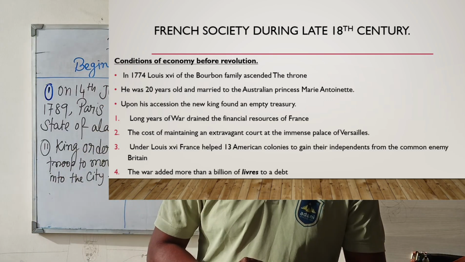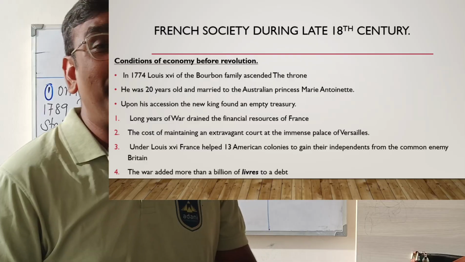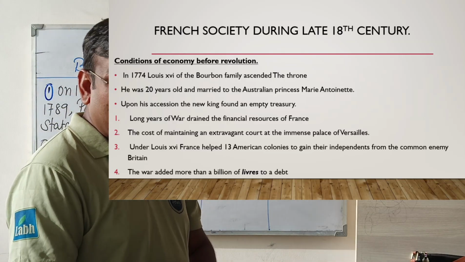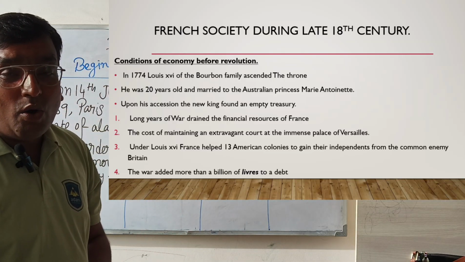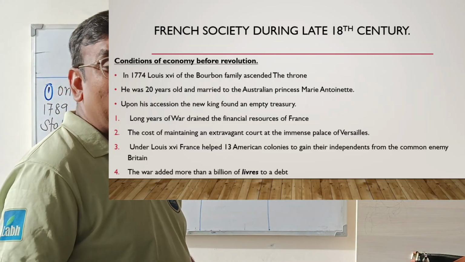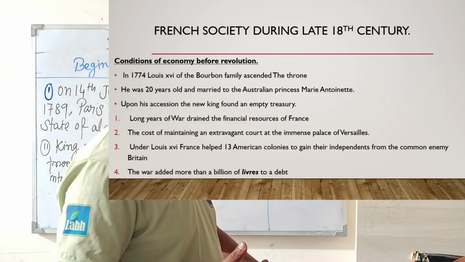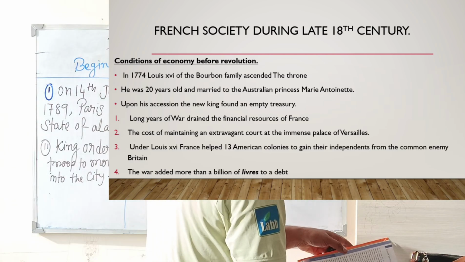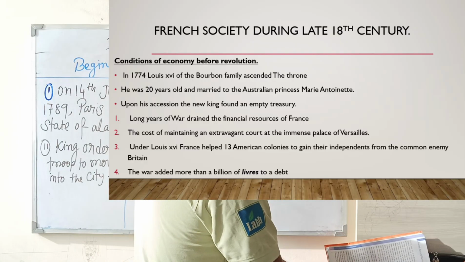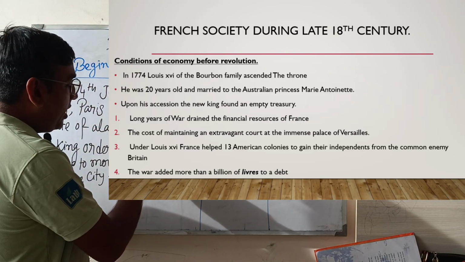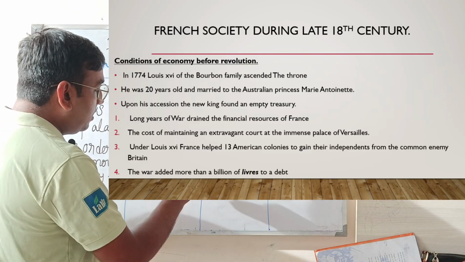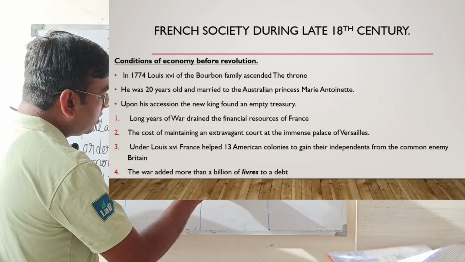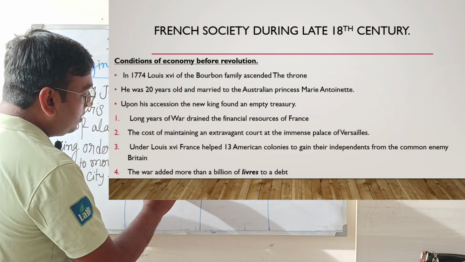Why was there an empty treasury? There are several reasons for the empty treasury. Number one, long years of war with England had drained all the resources of France. Number two, the cost of maintaining the immense Palace of Versailles.